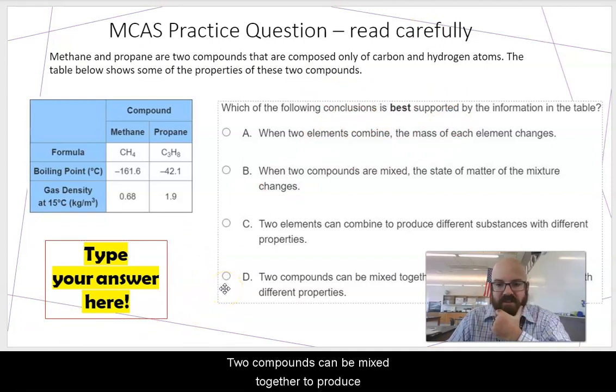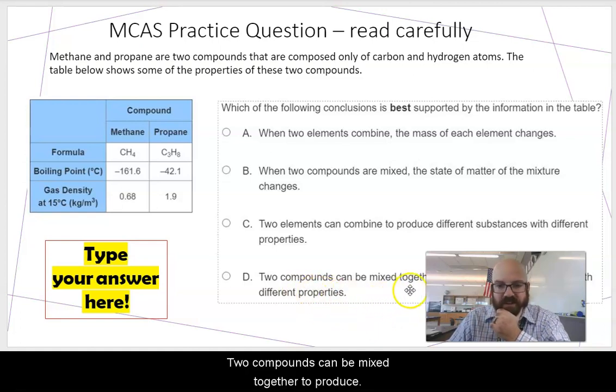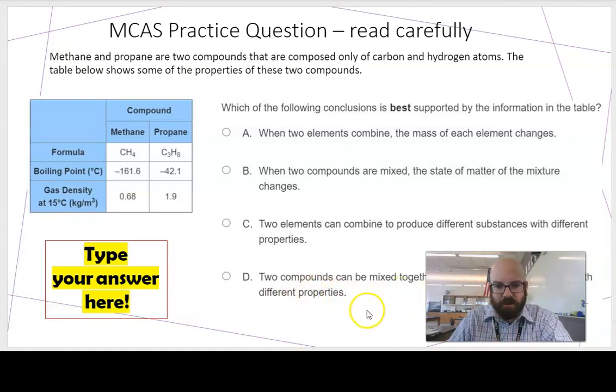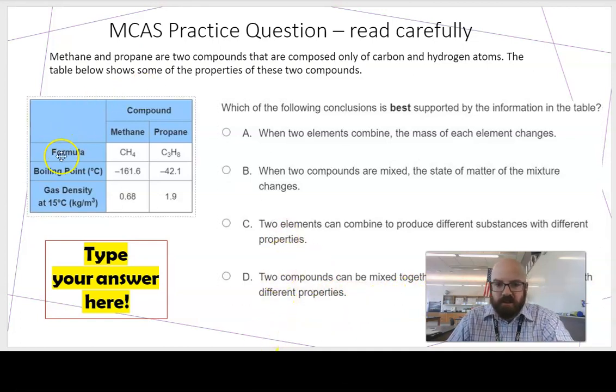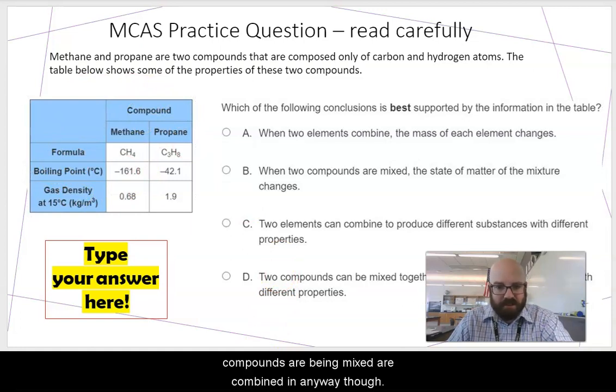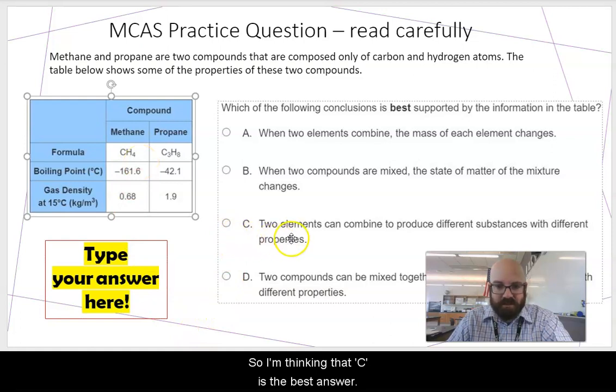Two compounds can be mixed together to produce different materials with different properties. That's similar to C. I don't think anything on here shows us that two compounds are being mixed or combined in any way, though. I see two elements, carbon and hydrogen. So I'm thinking C is the best answer here.